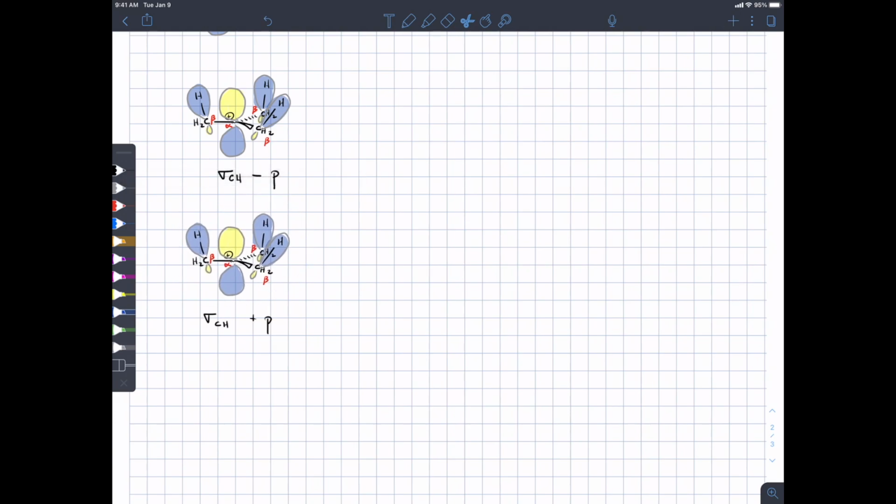The plus combination looks something like this. You have carbon-hydrogen, and for the sake of our discussion, we're going to ignore those other carbon-hydrogen bonds because I don't want us to get focused on the wrong things.